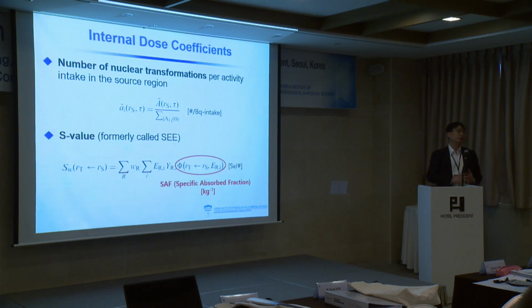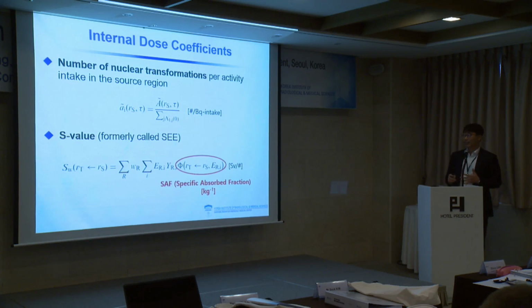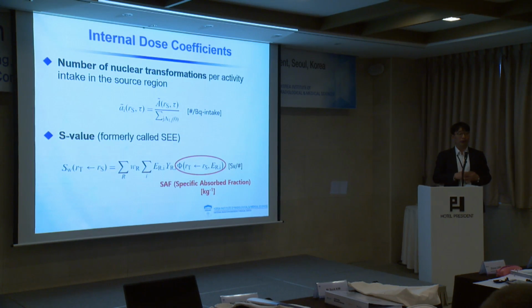So as I mentioned before, the committed equivalent dose coefficient's unit is sievert per Becquerel intake, which is the product of the A tilde and the S value. By multiplying this unit by this unit, the final unit of those conversion coefficients is sievert per Becquerel intake.